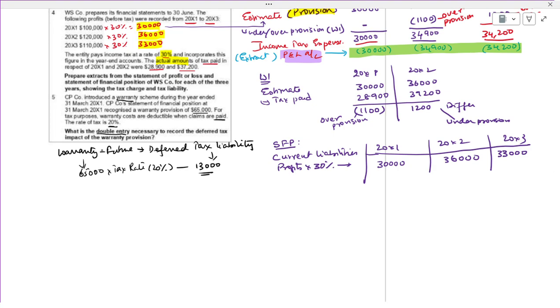When claims are paid, warranty will be deducted. What is to record the deferred tax impact on the warranty provision? Can you tell me what is debit and credit?